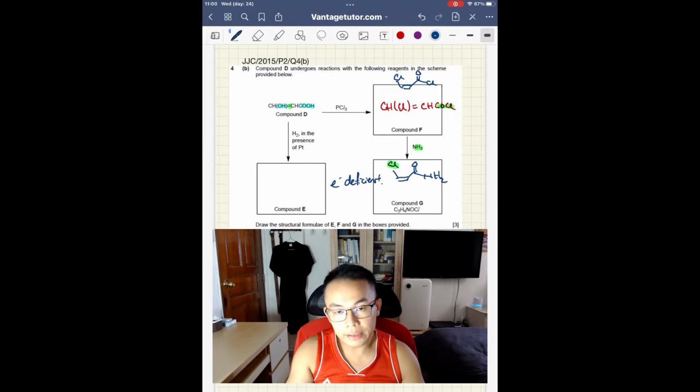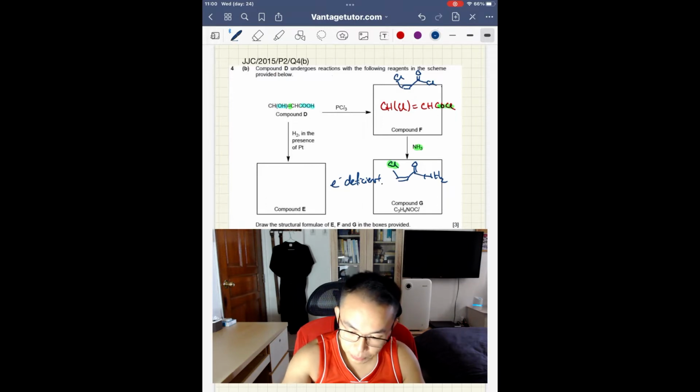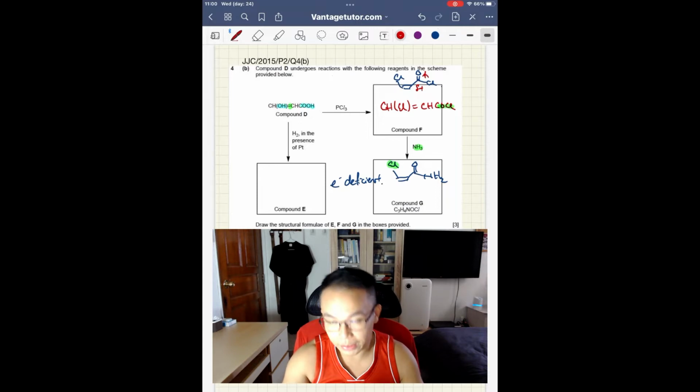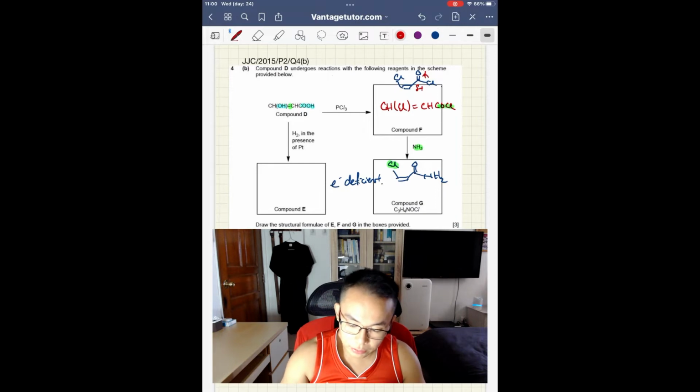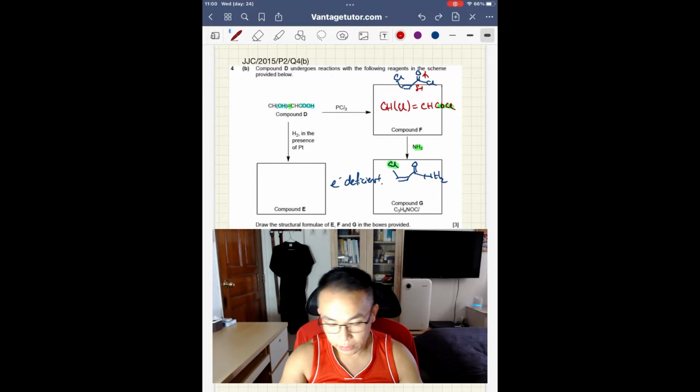In your acyl chloride, the electron deficient carbon is right here. Due to the difference in electronegativity, there's a net dipole moment going towards your oxygen. That's why the carbon attached to the oxygen gets attacked. But if you look at this Cl over here, it's not going to get attacked. Why?